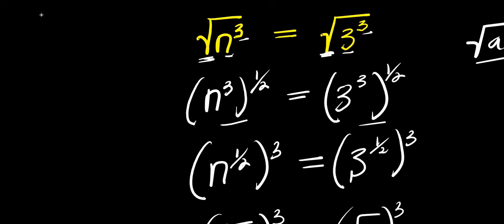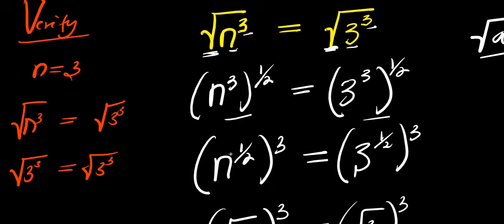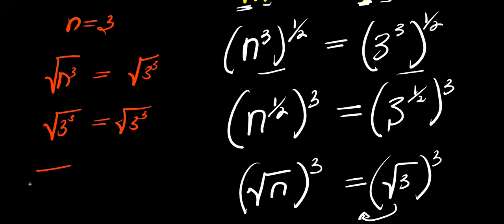So you have n equals 3, you have square root of 3 power 3 equals square root of 3 power 3. And 3 power 3 is 27, so we have square root of 27 equals square root of 27.